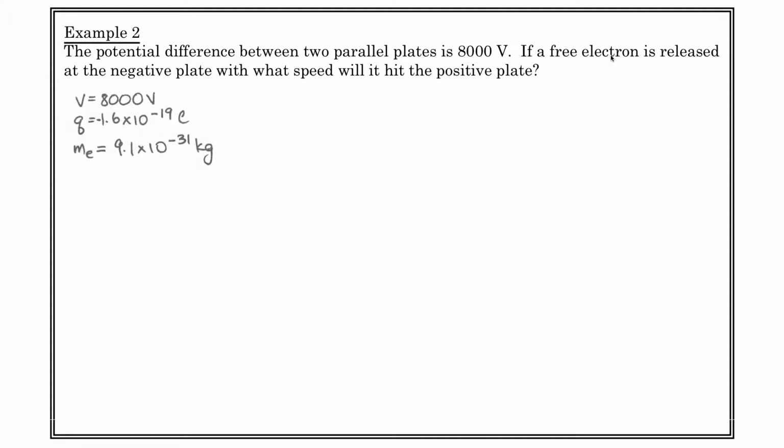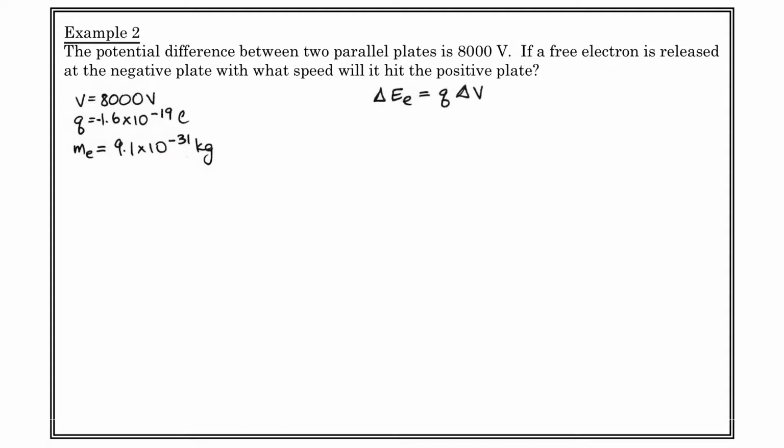Well, let's list what we have. We know the potential difference is 8,000 volts. We know the charge of the test charge is minus 1.6 times 10 to the minus 19 coulombs. And we know the mass of one electron, because that's our test charge in this case, a free electron: 9.1 times 10 to the negative 31 kilograms. With what speed will it hit the positive plate?